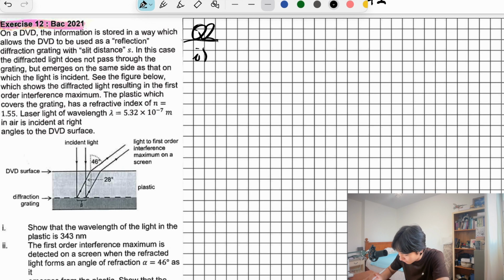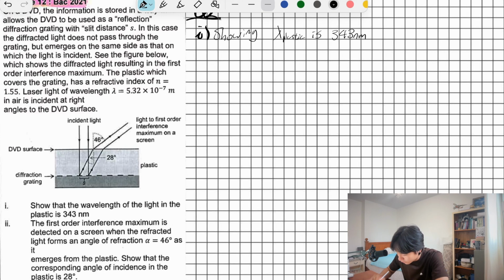Show that the wavelength of the light in the plastic is 343 nanometers.